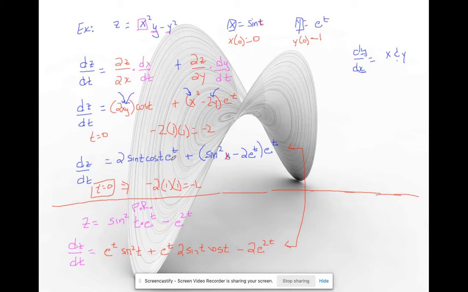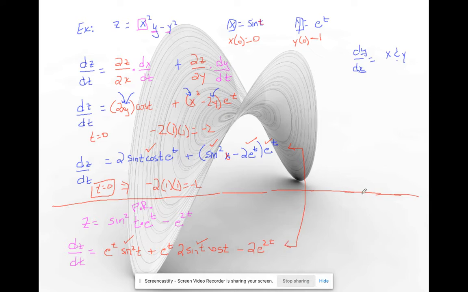That gives two sine cosine e, sine squared times e, and negative 2 e to the t times e to the t is negative 2 e to the 2t.